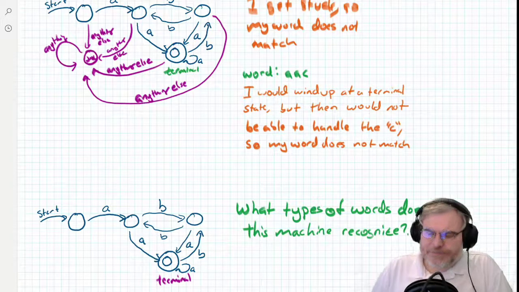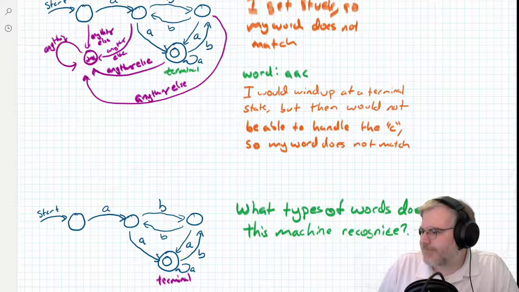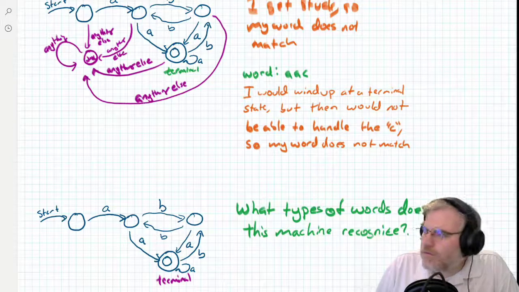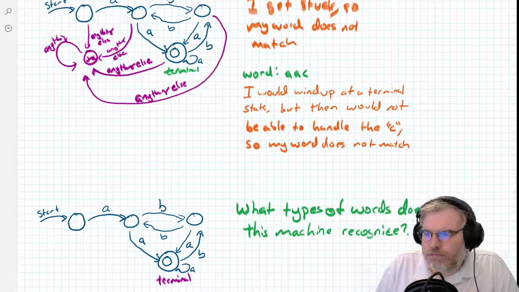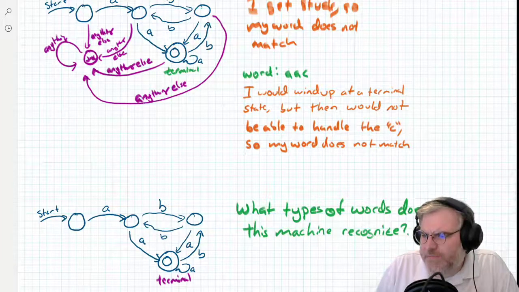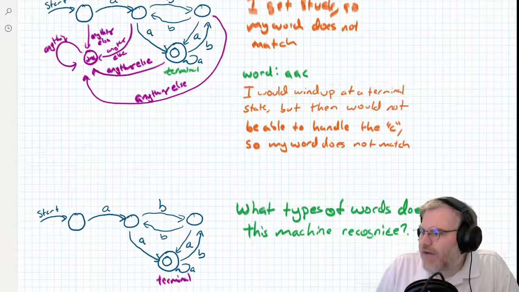Anyone want to hazard a guess? Well, let's look at our quiz. But what types of words does it recognize? That's the question. Well, let's look at our code from the quiz.